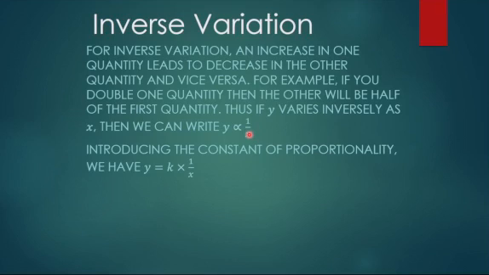That's why you introduce the equal to sign, and when you do that, you bring in the constant of proportionality, that is, y is equal to k times 1 over x. Of course, that will simply give us y is equal to k over x.